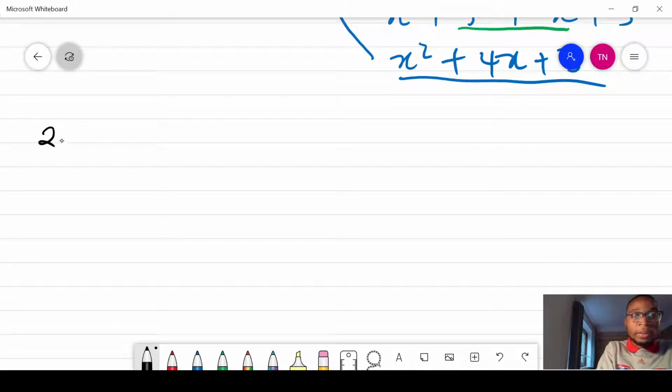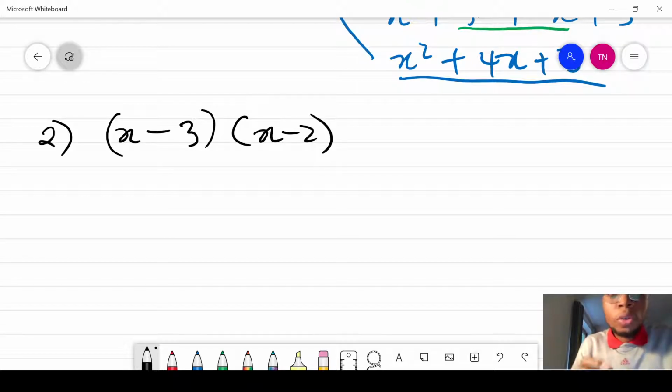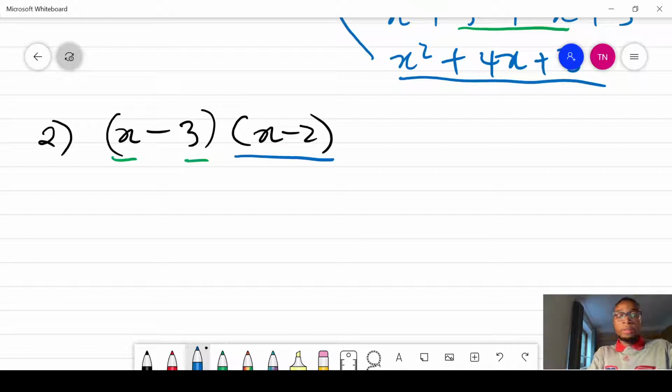So now let's look at example number 2. So example number 2 is also going to be relatively simple and straightforward. So example number 2 is going to be x minus 3 multiplying x minus 2. So we go through the same process that we did in the first example. So we're going to have this and that multiplying this whole thing.